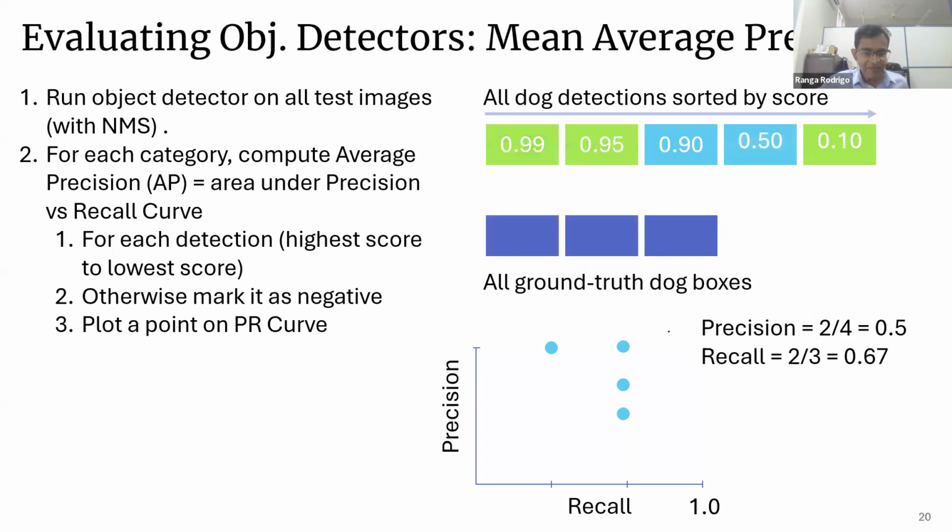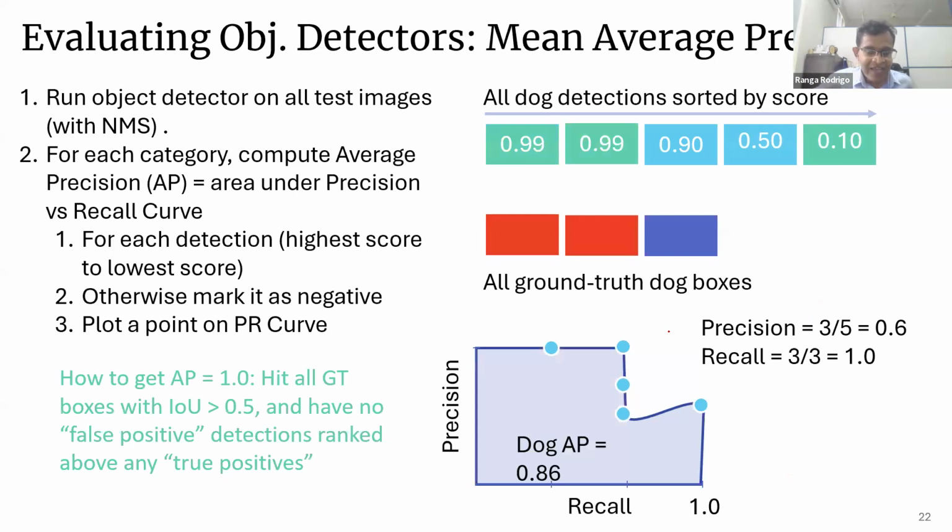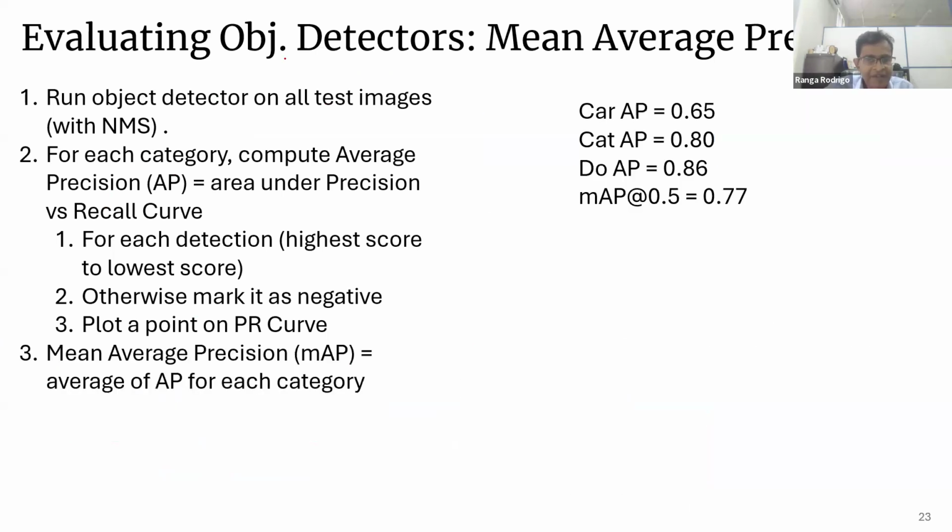Like that, we plot the so-called precision-recall curve, and the area under that is called the dog average precision, dog AP. We have to do this for all the classes, dog class, cat class, and so on. When you do that, we call it mean average precision, or MAP. That is what object detectors report.